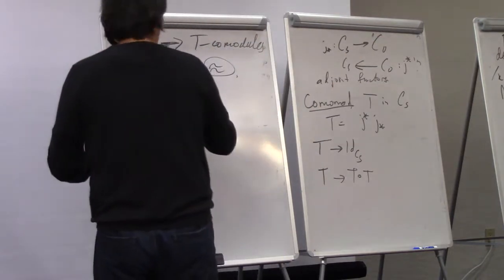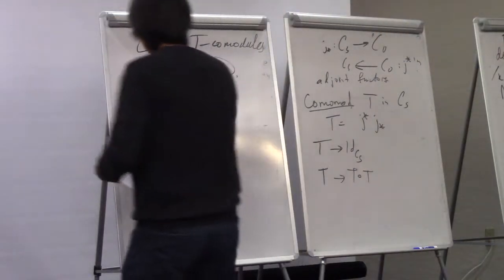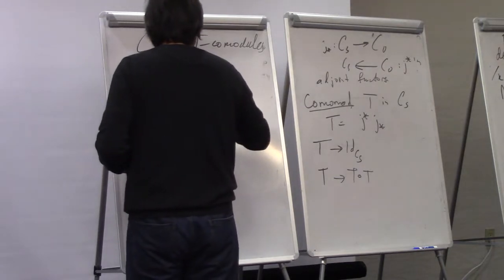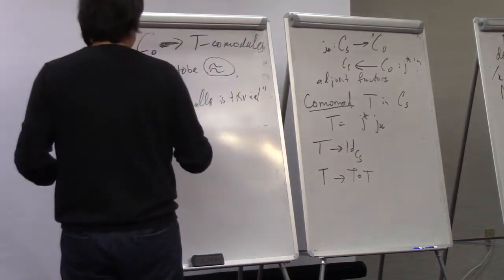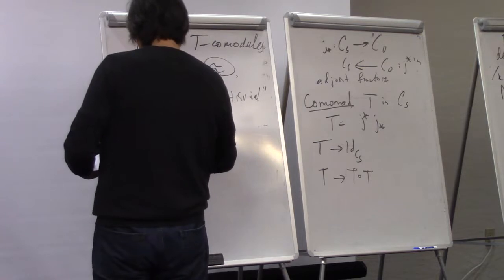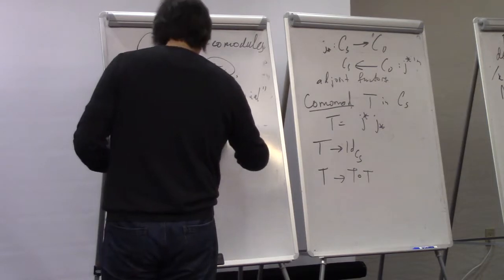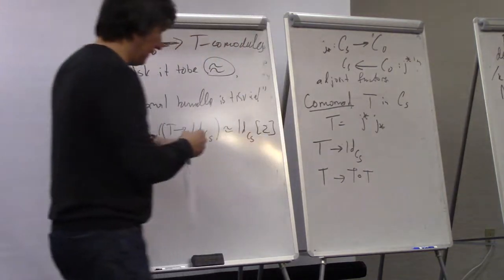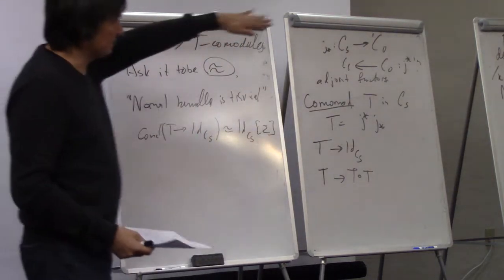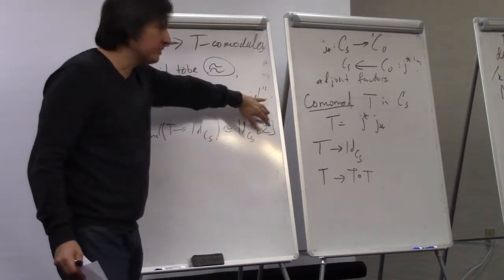But now I want to say that it's of codimension 1, and moreover it's a disk, and I don't even want to ask that this is a projection to the disk. I want to say that the normal bundle is trivial. I say that the cone of this coadjunction T to identity of CS is isomorphic to the identity of CS shifted by 2. Again, in the situation of, say, a hypersurface in some variety, it will be tensored by the line normal bundle and shifted by 2.